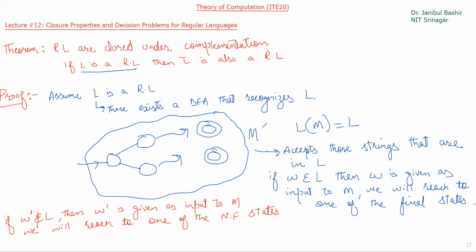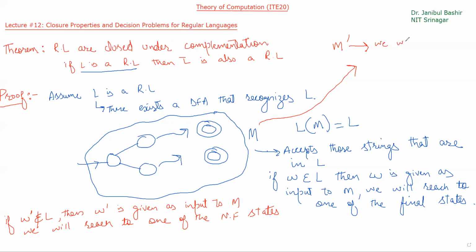So let's do one thing. Let's change this M and make a new automata M dash from this M. That M dash will be M, but we will change the states of M. How will we generate M dash?